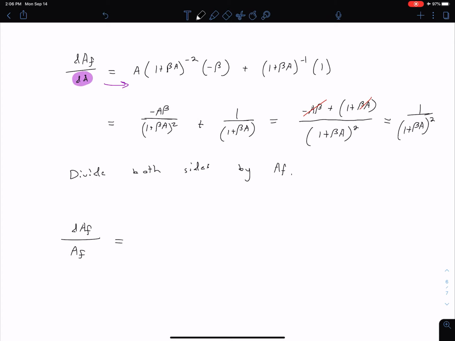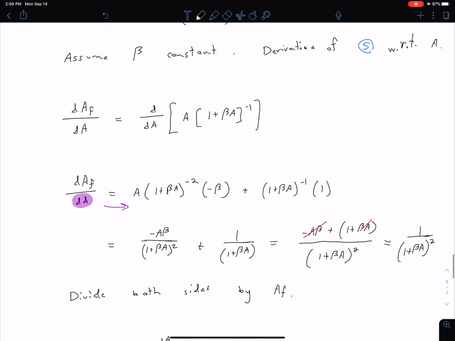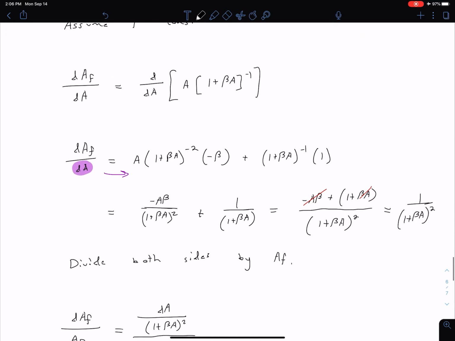Okay, so now let's look at our right side. We have our dA, which we've moved over here to the right side, and that is divided by this (1 plus beta A) squared, which we had from the previous line. Now we're going to divide by AF. We divided by AF on the left, we need to do it on the right. But instead of just putting AF, I'm going to put our form that we had before: A divided by 1 plus beta A. This is what we had from up here in equation 5.